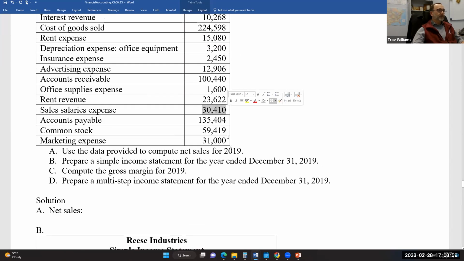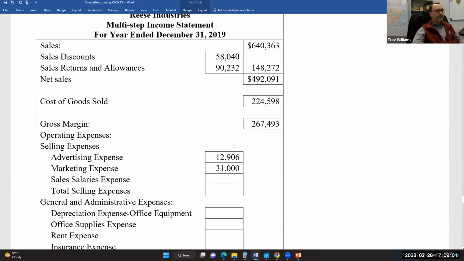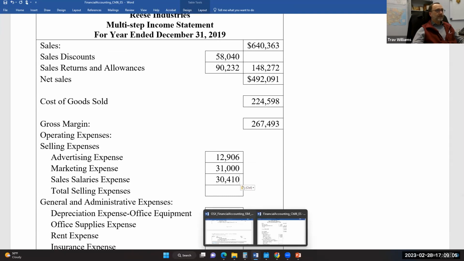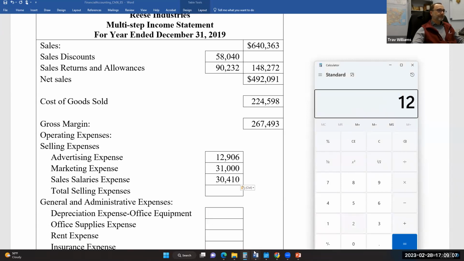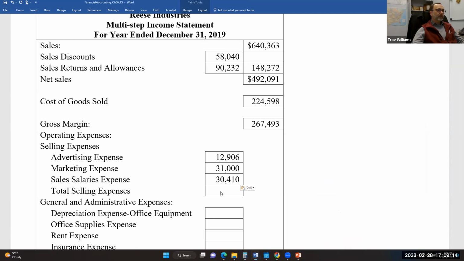That is here. Okay, we'll add up all of these selling expenses. And I get $74,316 is our total selling expenses.